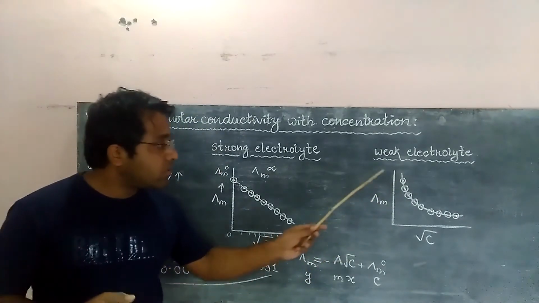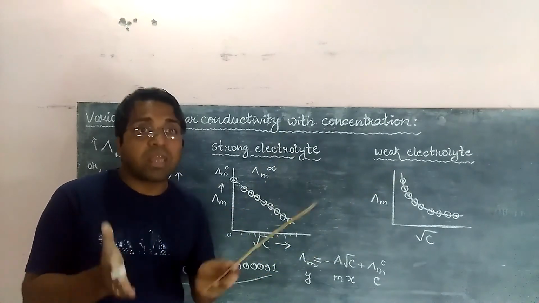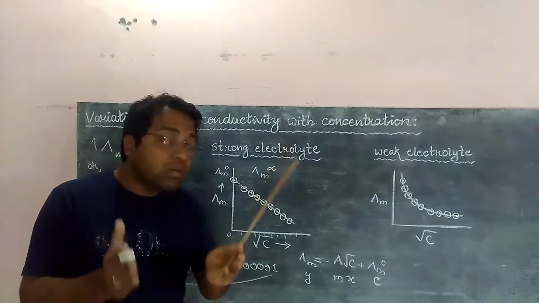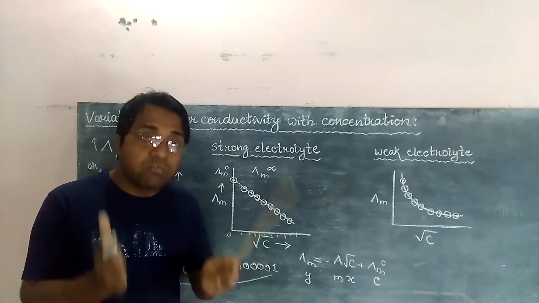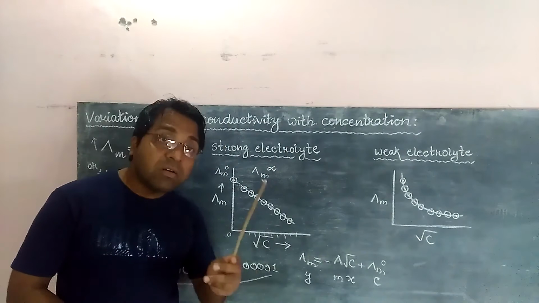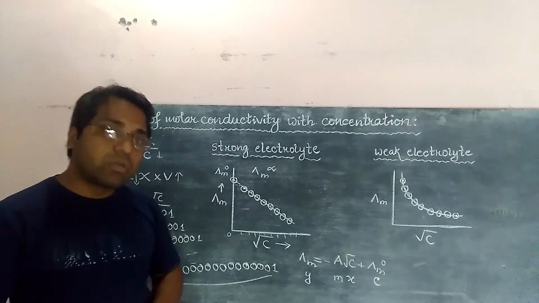It is very difficult to say at what stage the dissociation will be complete, and that's why it is very difficult to find the value of lambda m naught from the graph for weak electrolytes. This one we must remember.